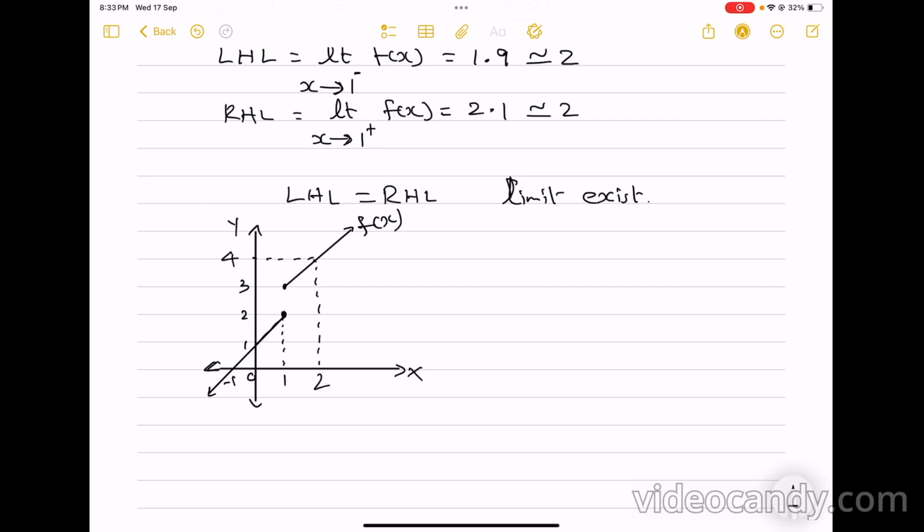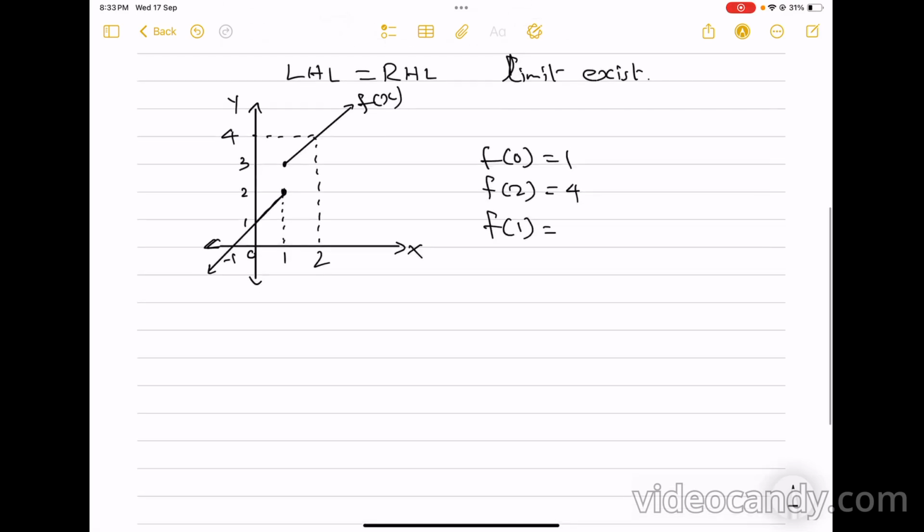In this function, f of 0 is equal to 1 and f of 2 is equal to 4. But what is at f of 1? There are 2 values. If you approach from the left hand side, what is the left hand limit, limit x tends to 1 minus f of x?